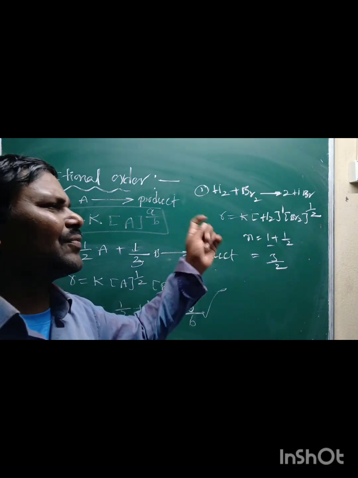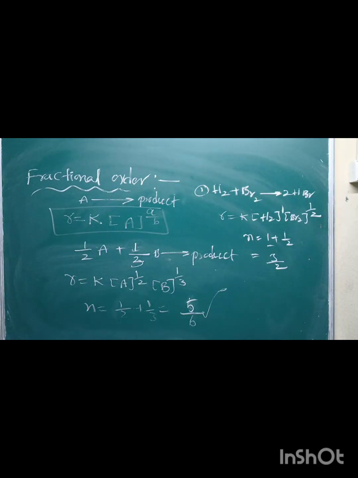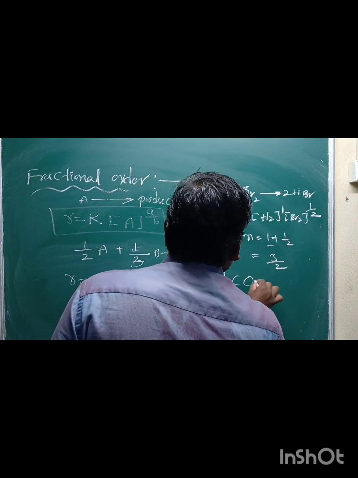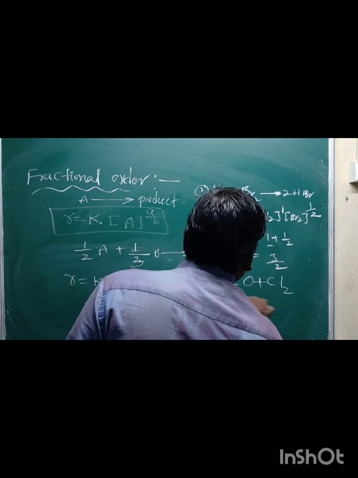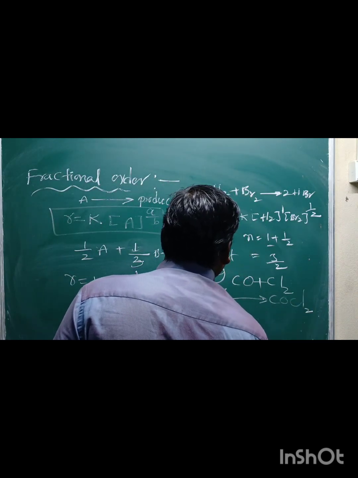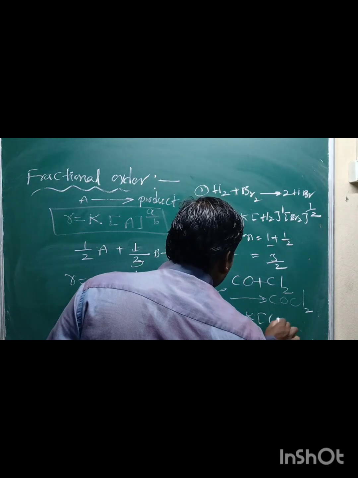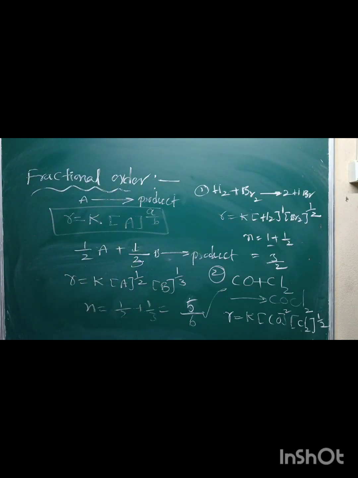The sum of powers of concentration terms of the reactant is equal to a fractional value. It's called fractional order. Another example: carbon monoxide combines with chlorine gas to form COCl2. Here R is equal to K into concentration of CO power 2 into concentration of Cl2 power 1/2.